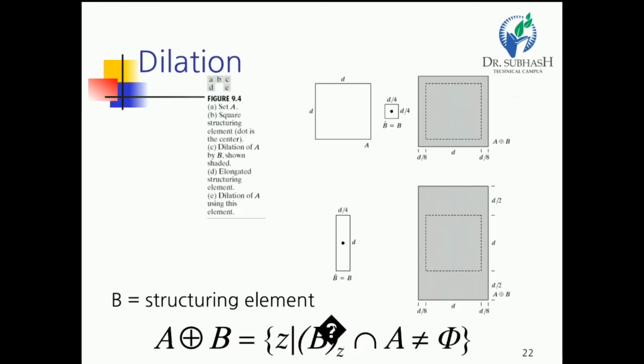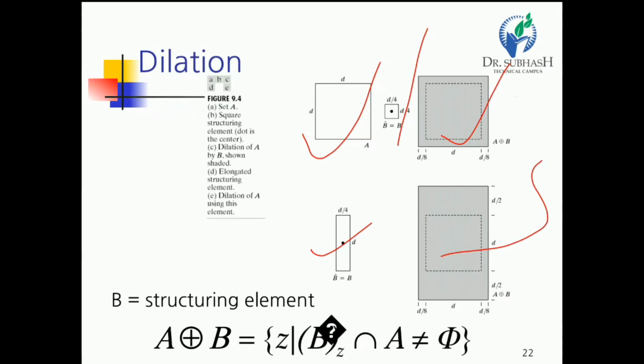So again, this is the example of dilation. In figure A, we see the set A. Figure B is a square structuring element, and C is the dilation of A by B, right? It can be represented with the shaded area. Now elongating the structuring element, the dilation of A can again be represented by the shaded area.